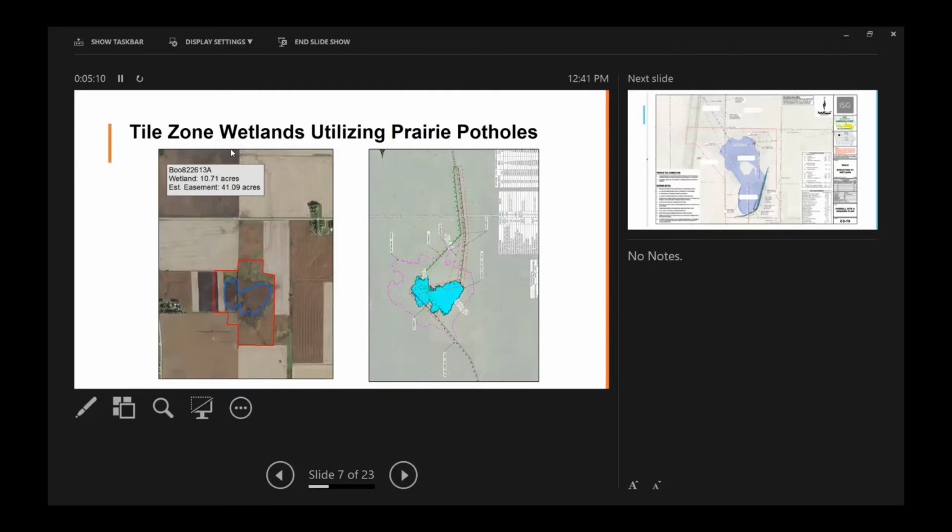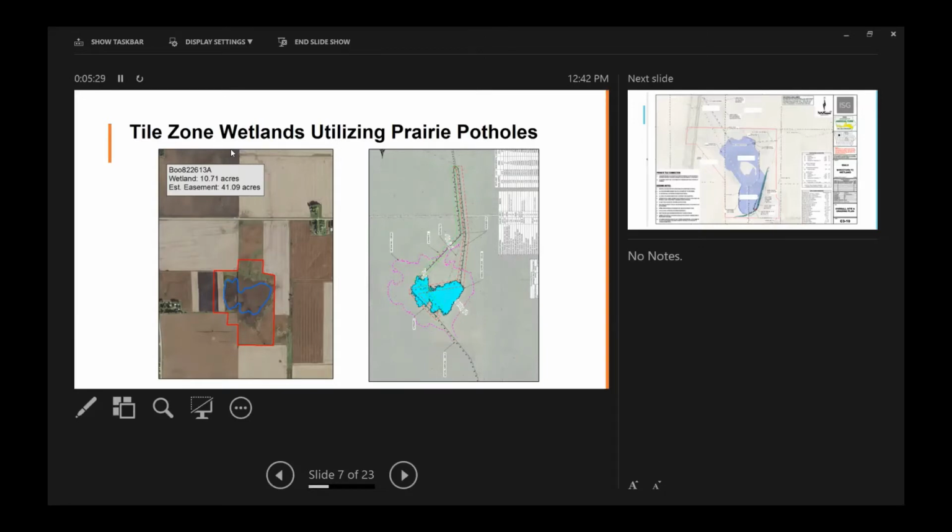And then what we do is we intercept that tile above, a little higher in the watershed, and basically run a distribution tile that will allow for that water to surface into the pothole.